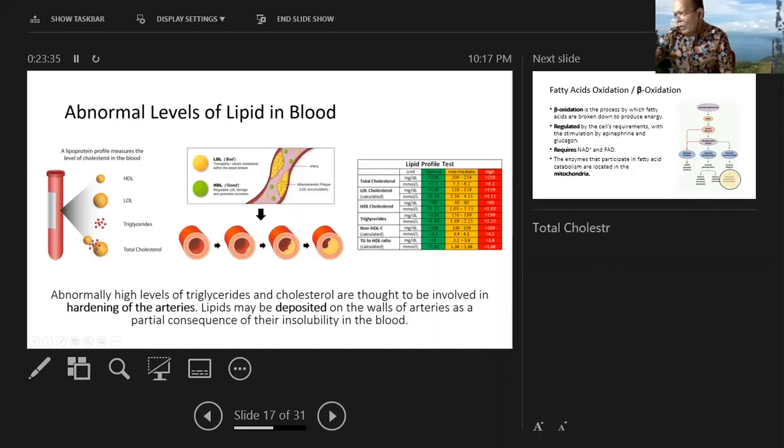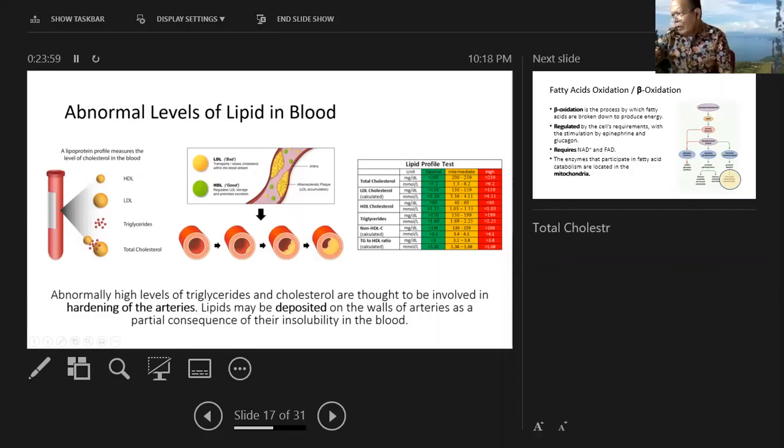We can see that there are some measurements of parameters of this lipid profile test, for example total cholesterol, and this profile is also divided into optimal, intermediate, and high.